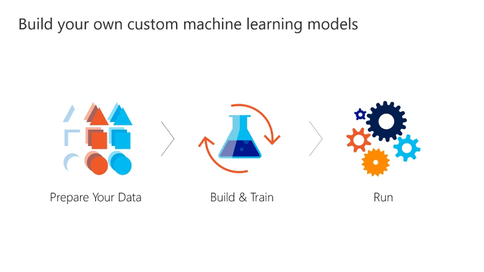Because when you have data that are not appropriate or have very extreme values, your model will not be as efficient or accurate. So the first step is always to prepare your data. Then you create your model based on those data. You build and train it. And the last step is you run this model.